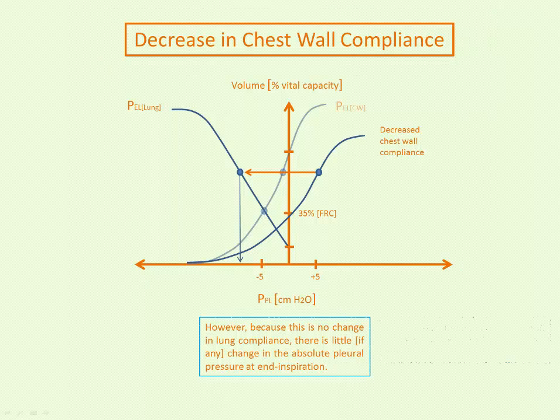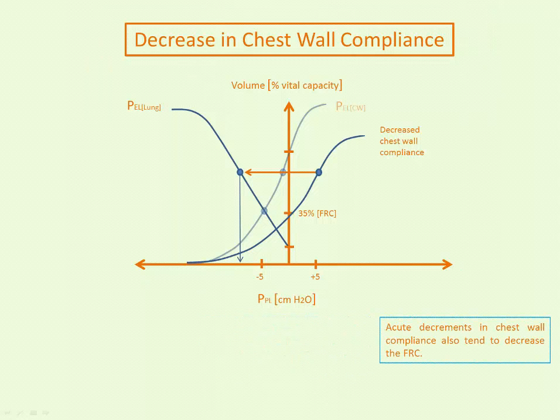So comparing the pleural pressure there, as I've mentioned. Also, these acute decrements in chest wall compliance tend to decrease the FRC, and that's illustrated by moving the FRC from there down to there.